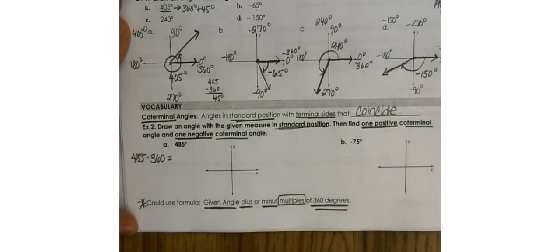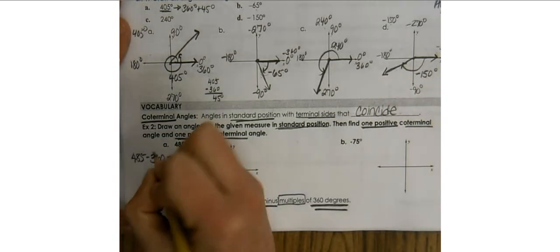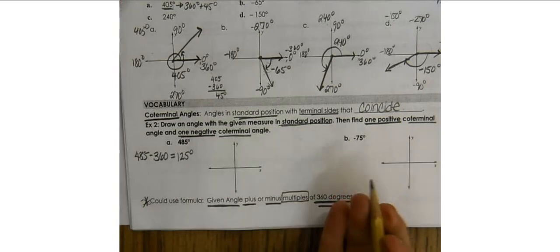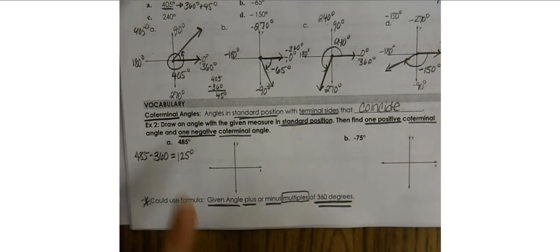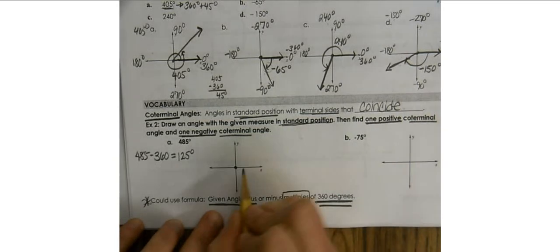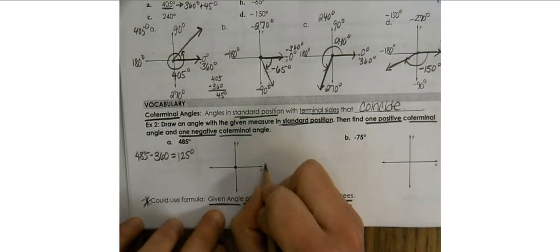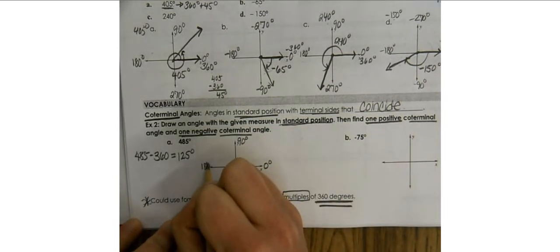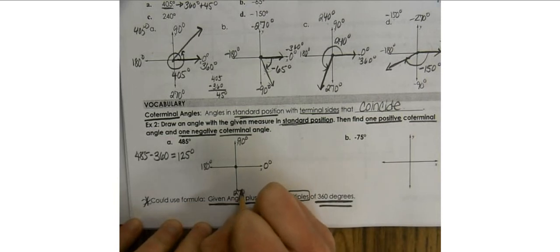And 485 minus 360 is 125 degrees. So 125 degrees, I know how to graph that. So I have a good idea about where that's going to be. So I'm going to label my grid using degrees. Here's 0 degrees, 90 degrees, 180 degrees, 270 degrees, and 360 degrees.